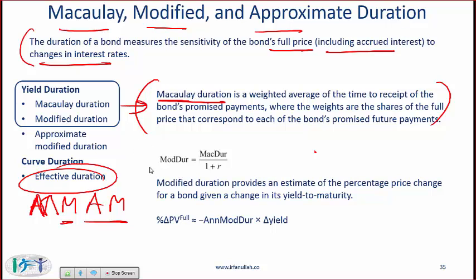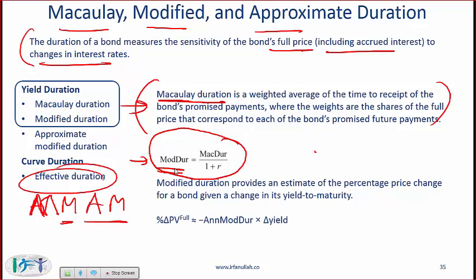Then from Macaulay duration we can come up with something called modified duration. Modified duration is equal to Macaulay duration over 1 plus R, and this is something that you must learn. So this is easy to remember. Macaulay is the weighted average of the cash flows.